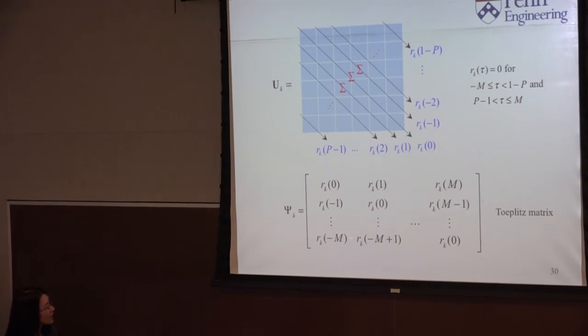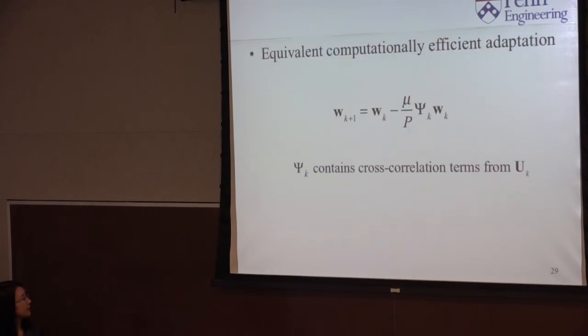So in this matrix, 2m minus 1 terms are contained, among which 2p minus 1 are from here, and there are some extra zeros. So it turns out that we could do vector adaptation in this single step, which will reduce the computational complexity.